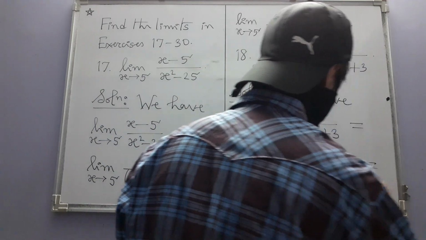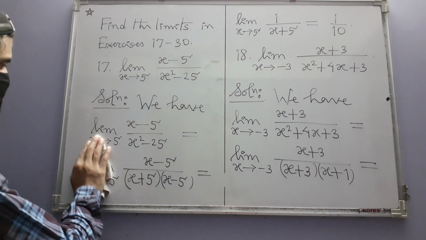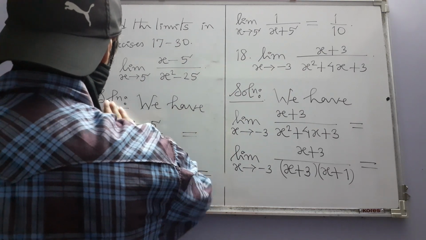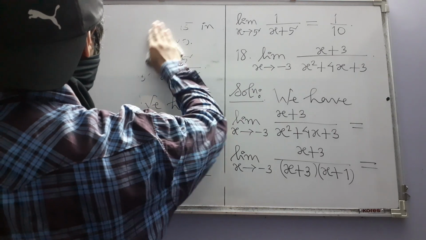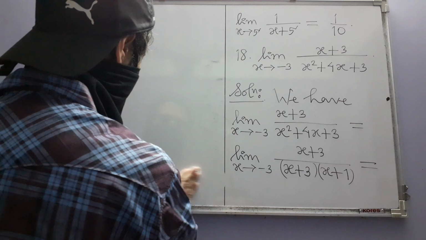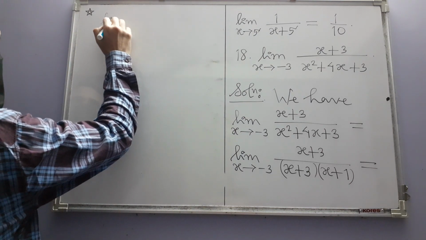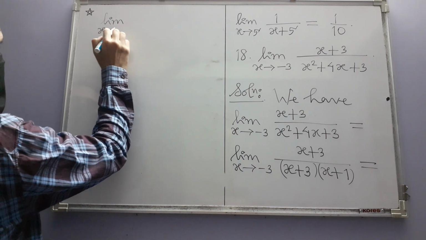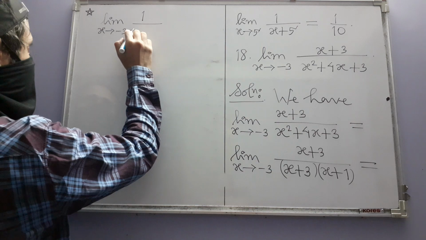Okay, so this equals, again, because x plus 3 is not equal to 0, you can cancel it out from the numerator and denominator. And that will leave you with one over x plus 1.